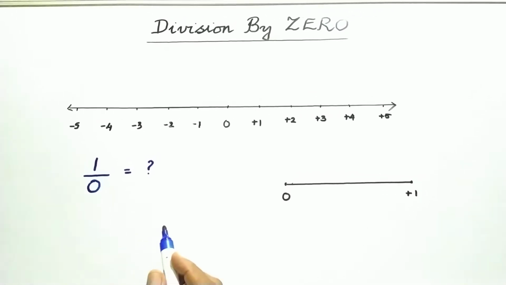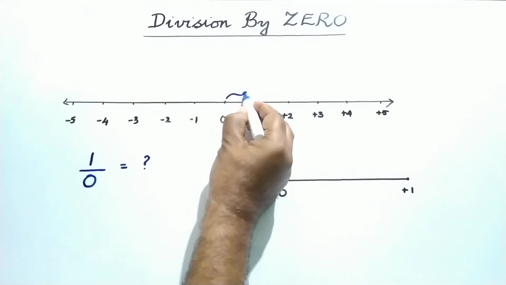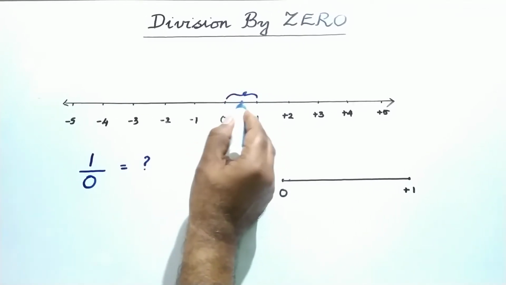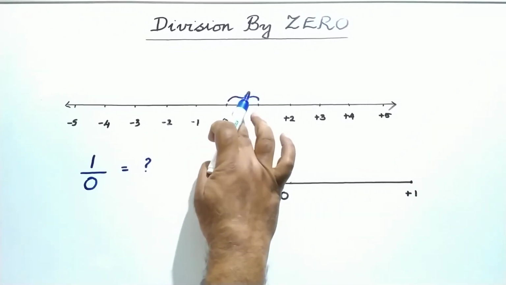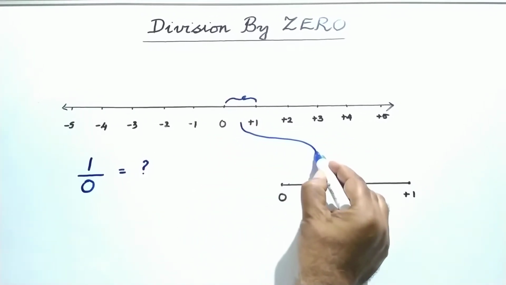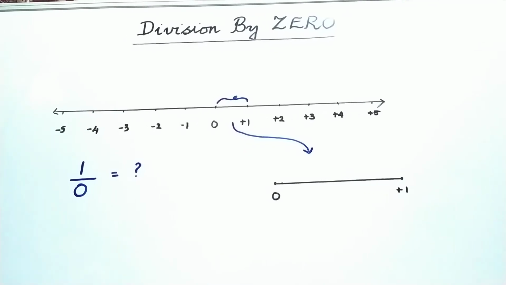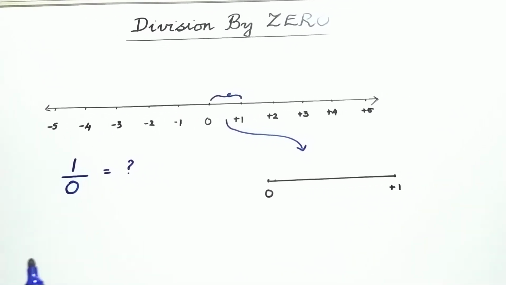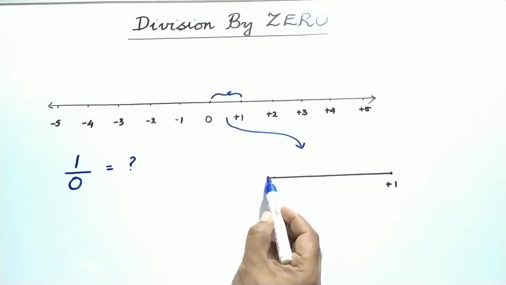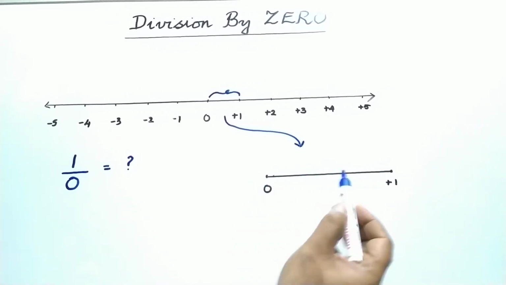I will take this small part, the part between 0 and 1, drag it and place it here, and blow it up. I would like to emphasize that I do not know how many points lie between 0 and 1.